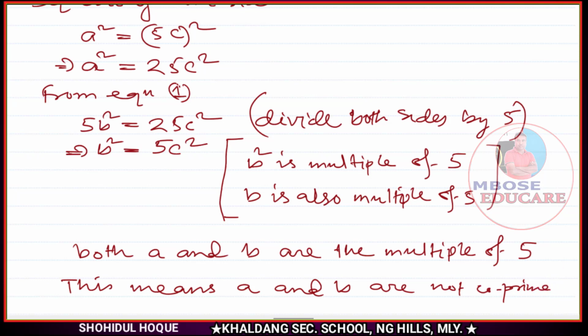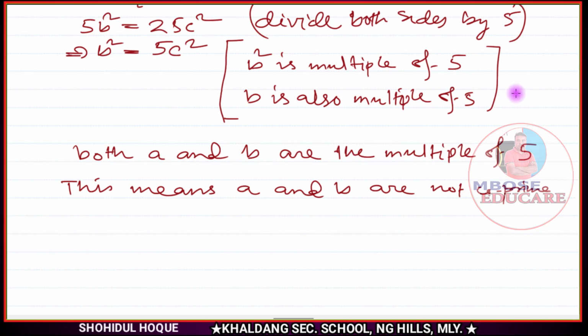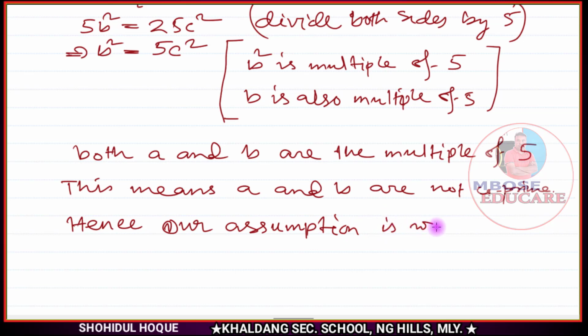When we got that a and b are not co-prime, then we can say root 5 is not a rational number. Hence, our assumption, what we assumed, is wrong.